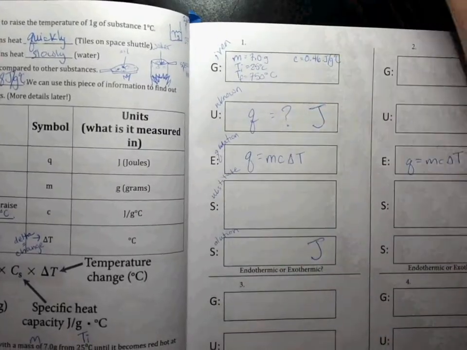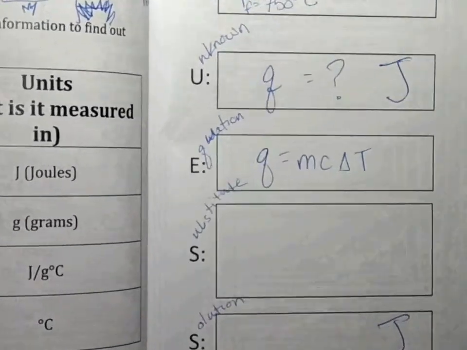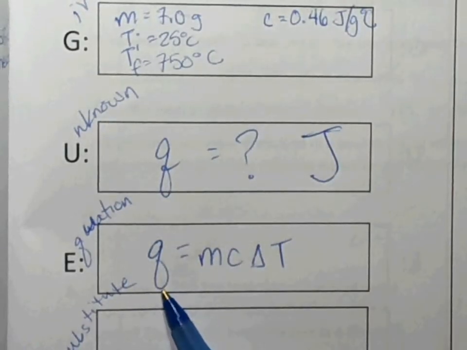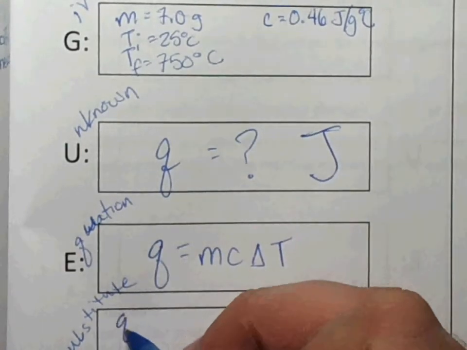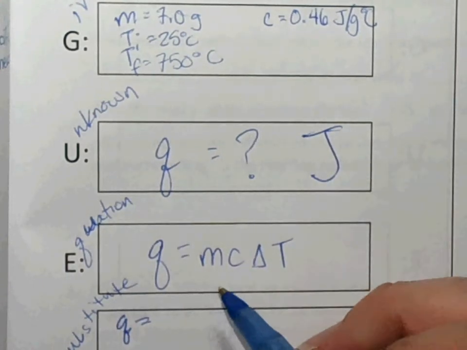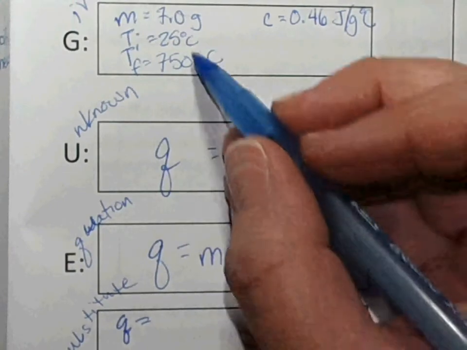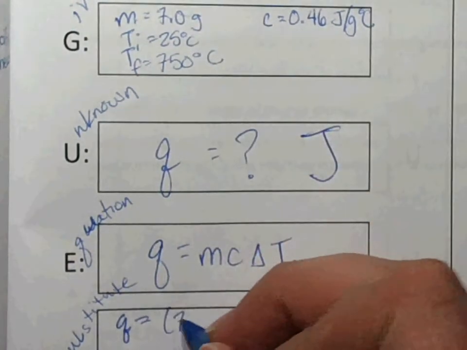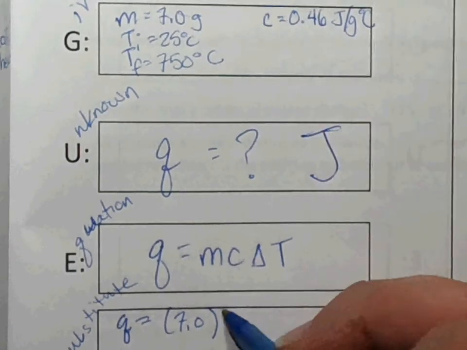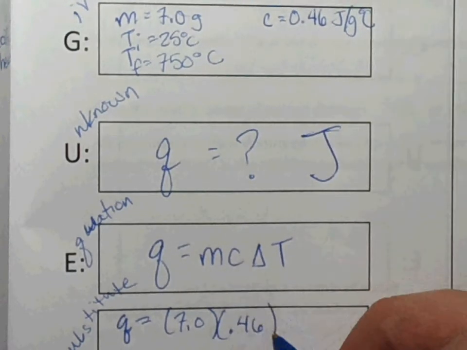From there, we got to start plugging some stuff in. We don't know Q, so that's our unknown. So in my substitute box, that's going to stay a Q. For M, my mass is 7.0, so I'm going to plug in 7.0. C, my specific heat is 0.46, so I'm going to plug in 0.46.